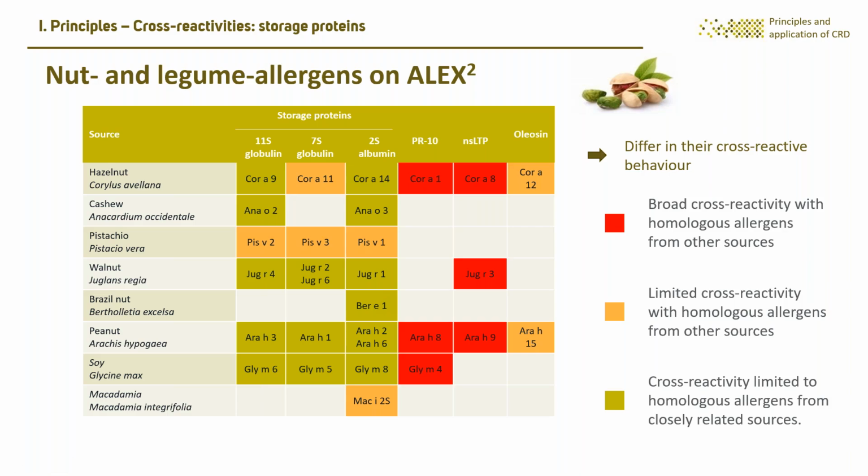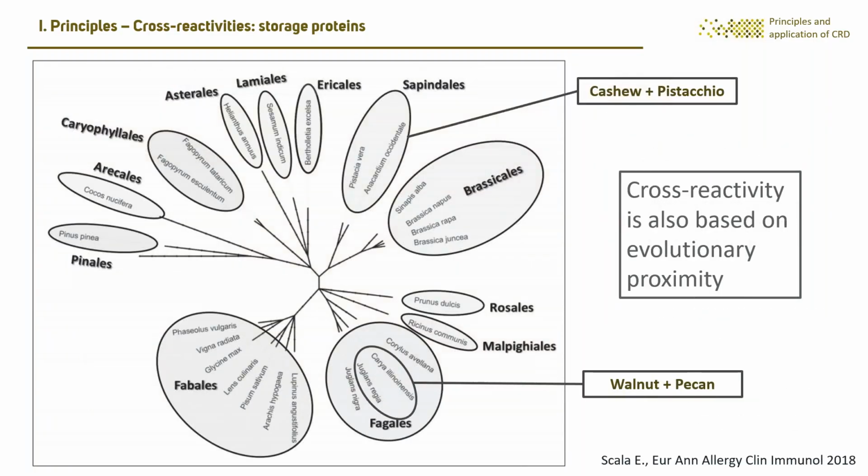This sounds complicated, but luckily it is not so much. It is illustrated here in this tree chart. This tree chart illustrates the evolutionary proximity between the different species. And if we look at these two examples here on top, you see pistachio and cashew.